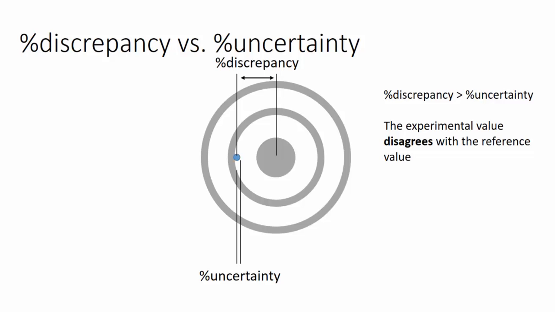You know for sure that they cannot be the same as each other. Now, of course, in the ideal case, you want a very precise, fine point that is on your target. But I'm just showing you how the cutoff for the percentage discrepancy is your percentage uncertainty.